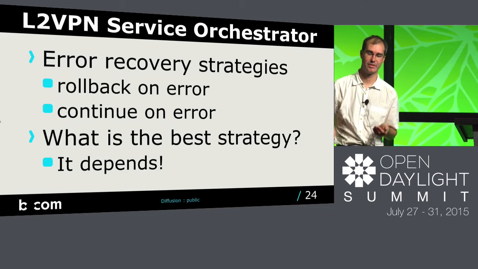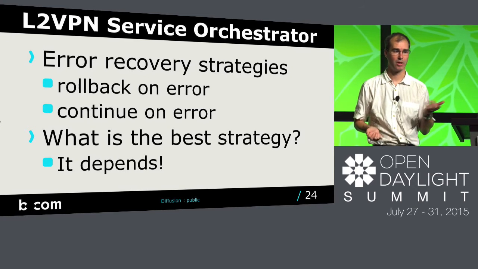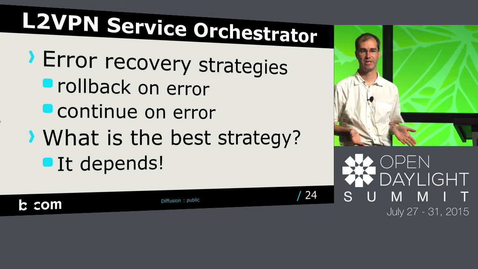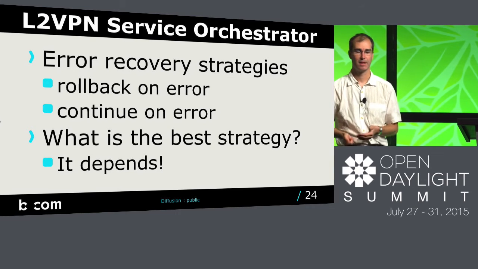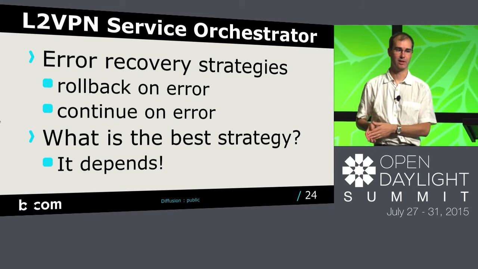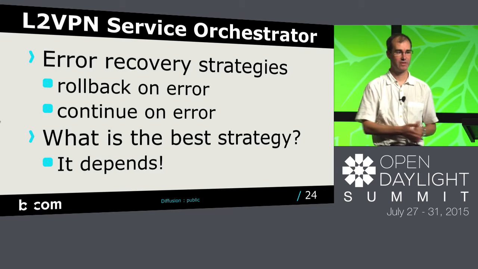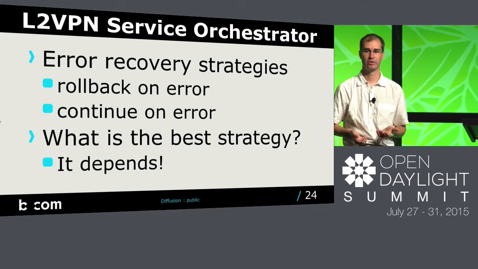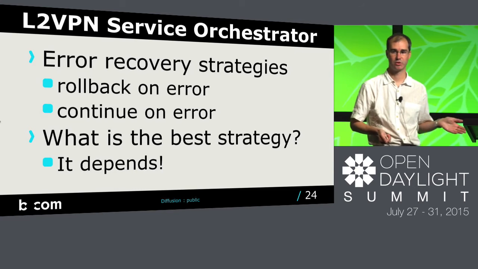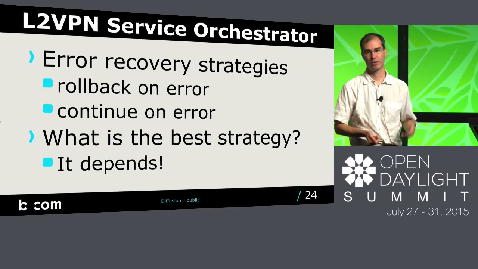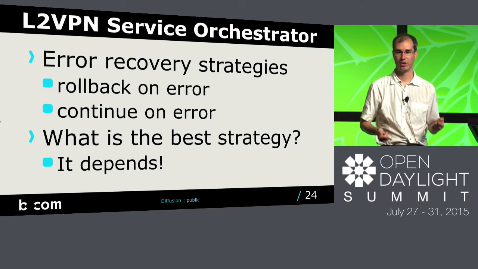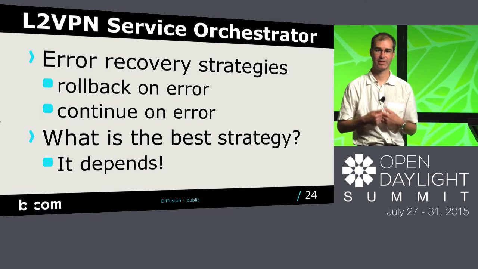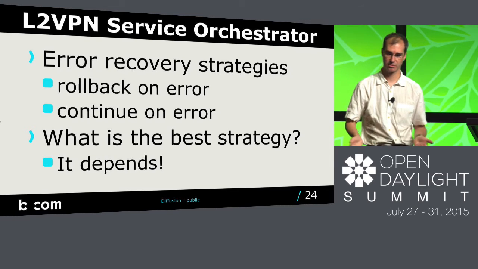So what we did is that we used the rollback on error strategy when we configure a service. But when we remove a service for a client, we use the continue on error strategy. And so if something fails, we try to go on, and we try to unconfigure as many things as possible to release resources.